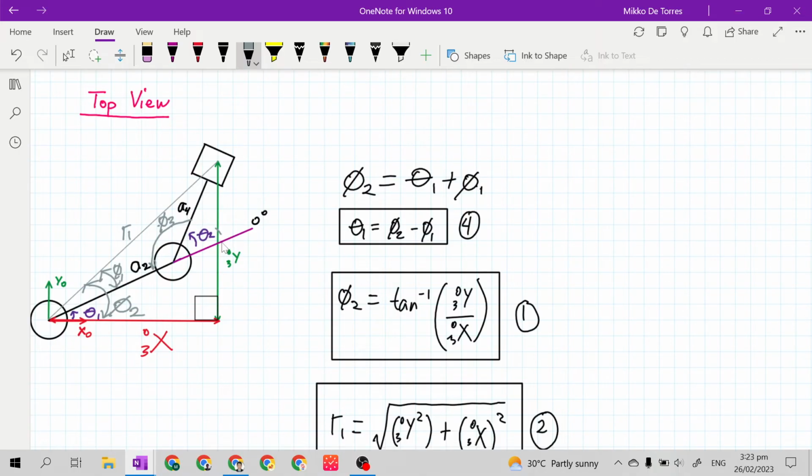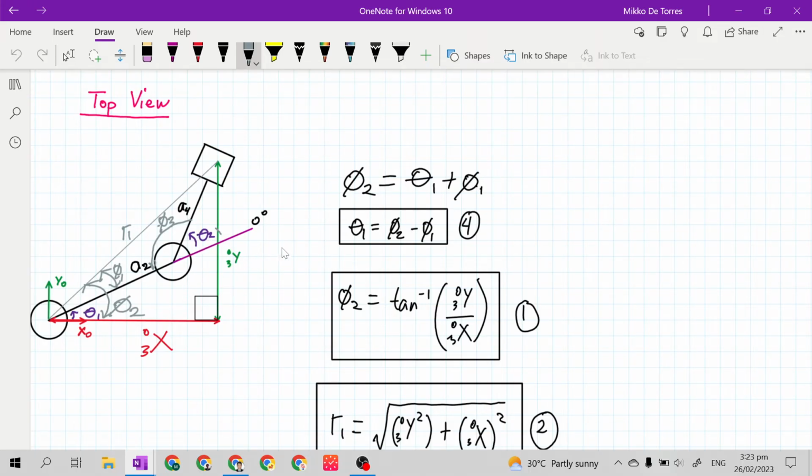Okay. So this is half of a circle, the rotation from this straight line up to the other side of this straight line. This is half a circle, so it means this is 180 degrees.